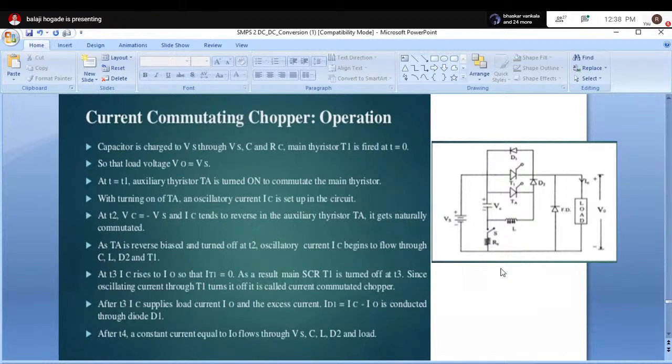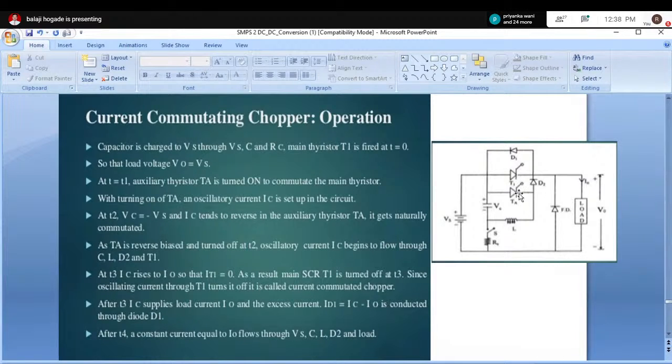Now at t is equal to T3, IC supplies load current I0 and the excess current ID1 is equal to IC minus I0, which is conducted through diode D1.